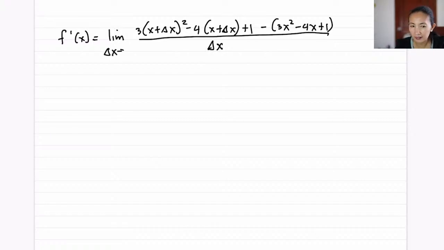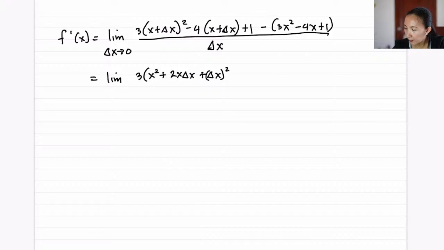Let's expand. Okay? Simplify. This gives limit of 3 times, expand the binomial, x squared plus 2x delta x plus delta x squared.